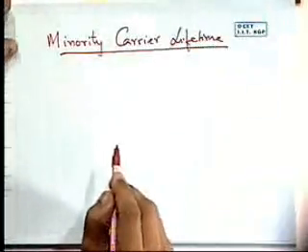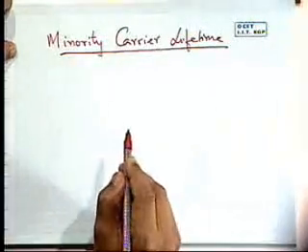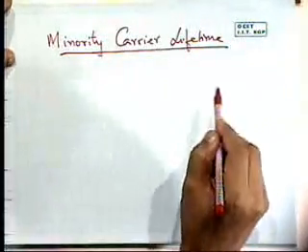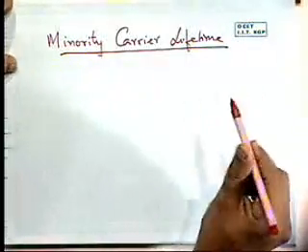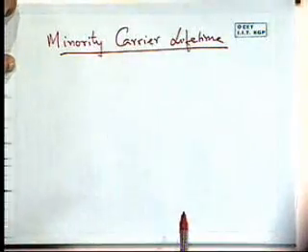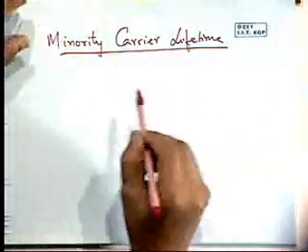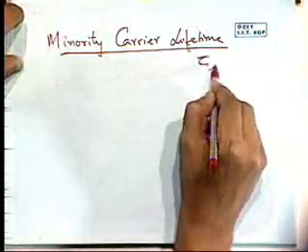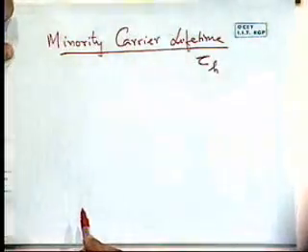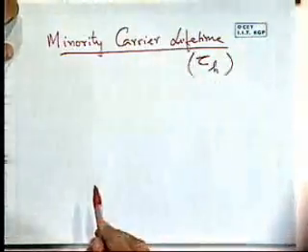As the average time that the hole, which is the minority carrier in this case, would remain free before it recombines with an electron after the illumination has been stopped. So it will recombine in some lifetime which we will refer to as tau h, and within that time it will recombine.